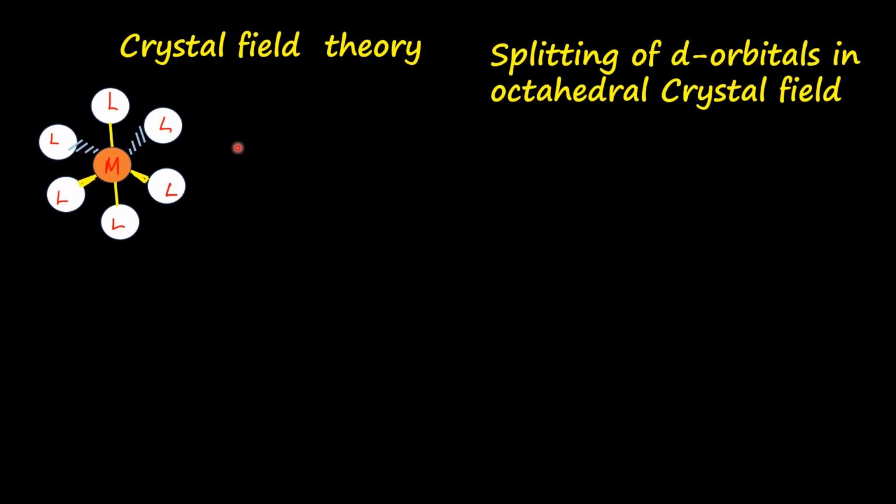In chemistry, solid wedges are used to represent bonds which project outside the plane of paper, that is, project towards us, and dashed wedges are used to represent bonds which project into the paper, that is, away from us, and the 2 straight lines represent bonds which are on the plane of paper.